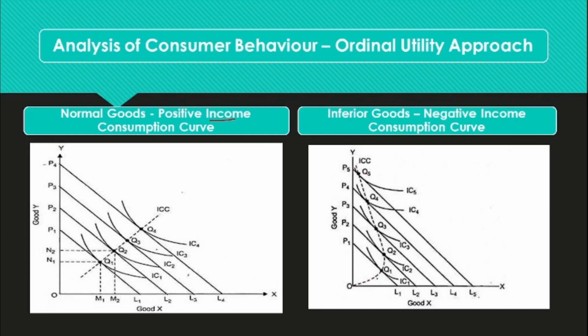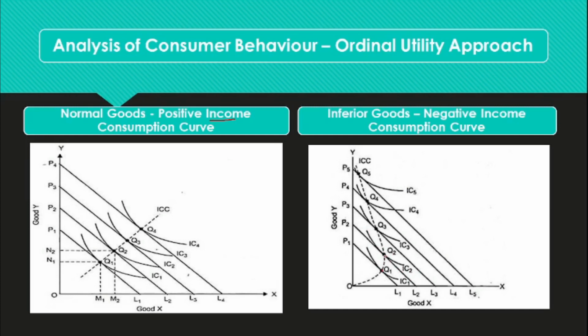Why? Because when the original income was P1 L1 and we have the equilibrium at Q1, because the P1 L1 budget line was tangent to the IC curve 1 at the point Q1. But there was an increase in the income and we get a new budget line P2 L2 which is higher than P1 L1, and we got a new IC curve, that was IC2.